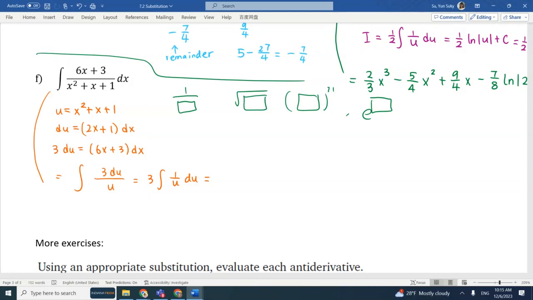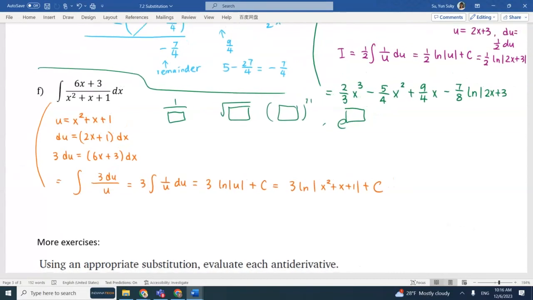And what's the integral of 1 over u? ln absolute value of u. And what is u? Right, everybody? Good. So we finished part F.